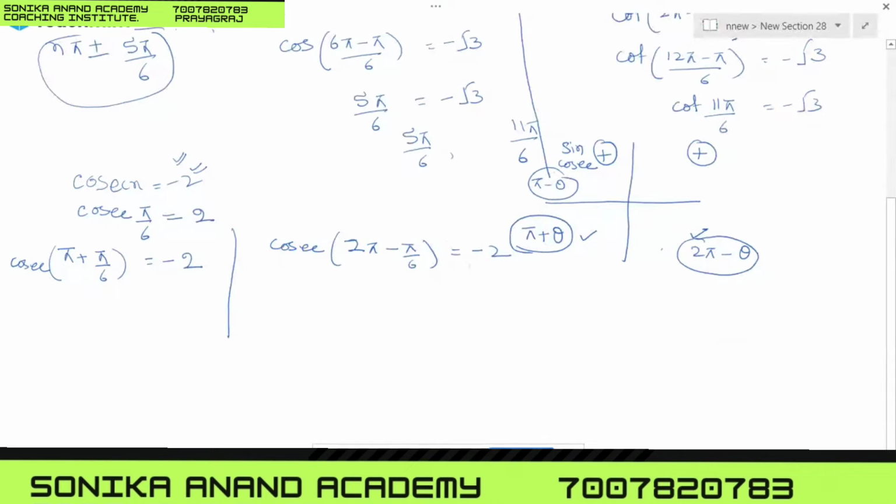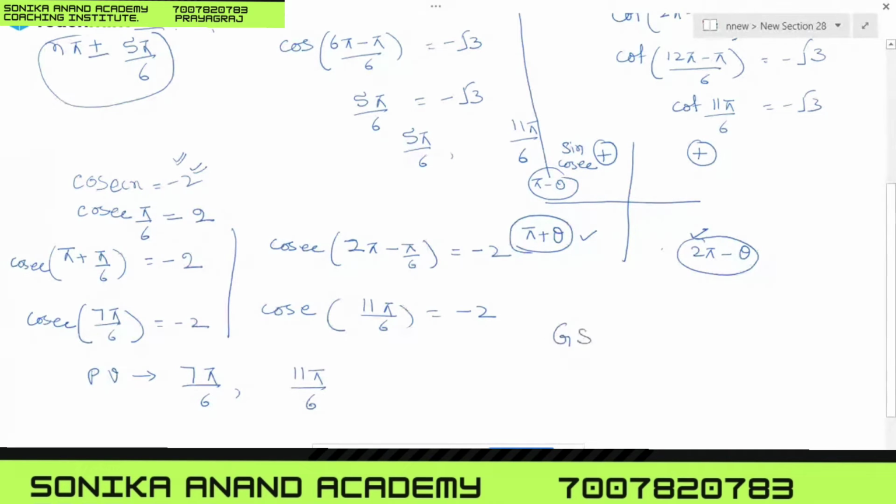So it becomes cosec 7 pi by 6. It becomes cosec 11 pi by 6. So principal values are 7 pi by 6 and 11 pi by 6.